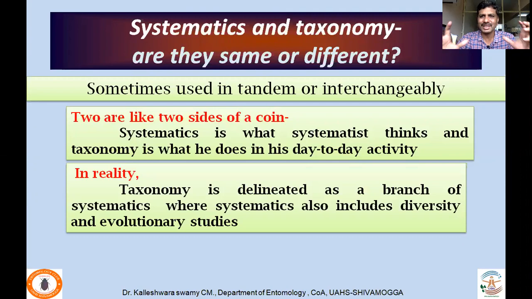That means whatever knowledge he uses in order to classify the organisms, that knowledge is what the systematist thinks, but the procedure followed is the taxonomy. So in reality, taxonomy is delineated as a branch of systematics, where systematics includes diversity and evolutionary studies. Okay, so we'll have precise knowledge of these things.